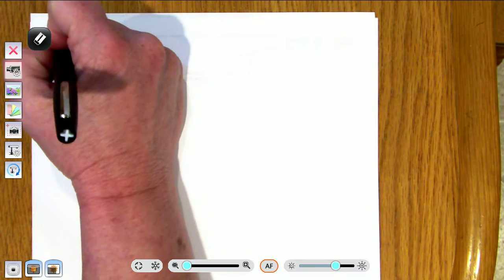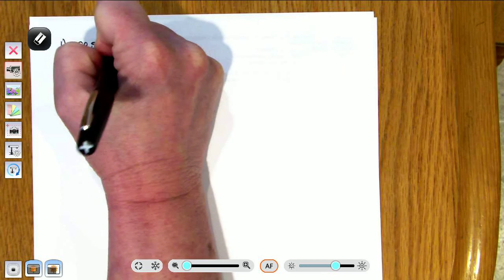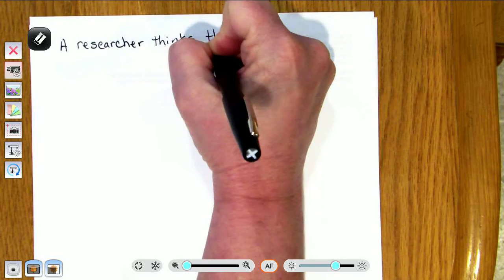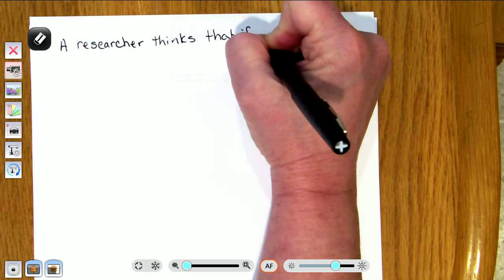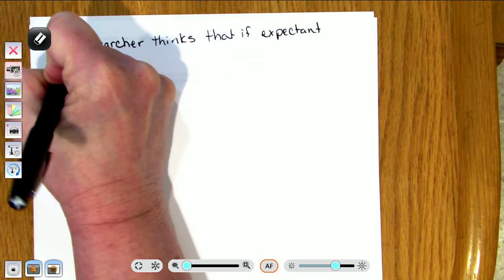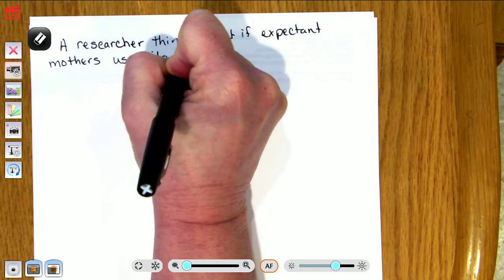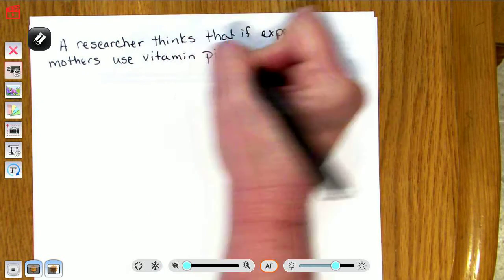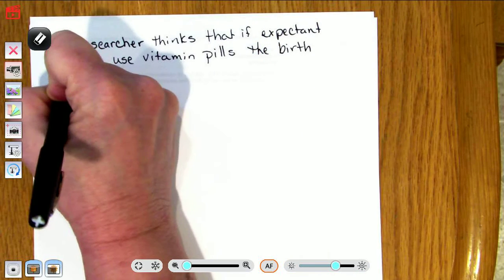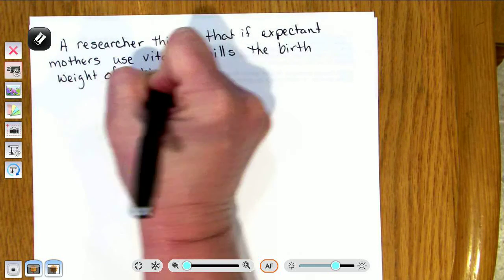Let's say we have a researcher who thinks that if expectant mothers use vitamin pills, the birth weight of babies will increase.